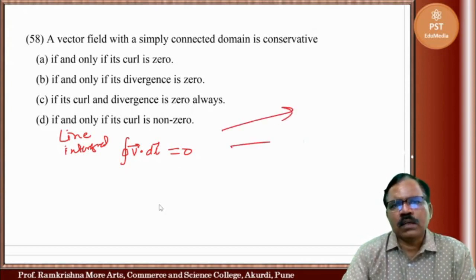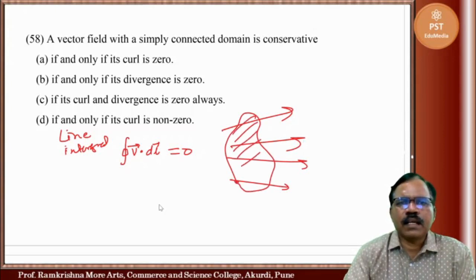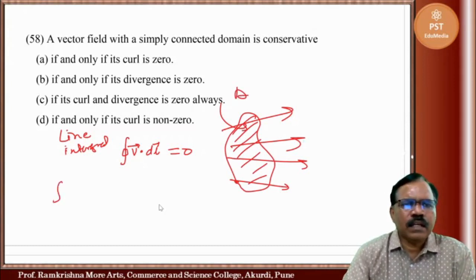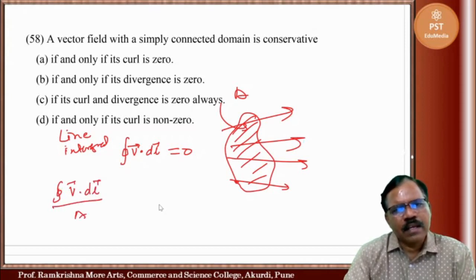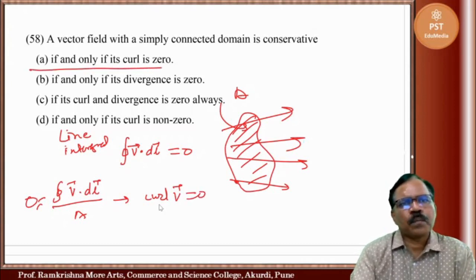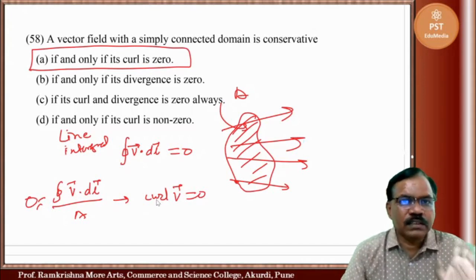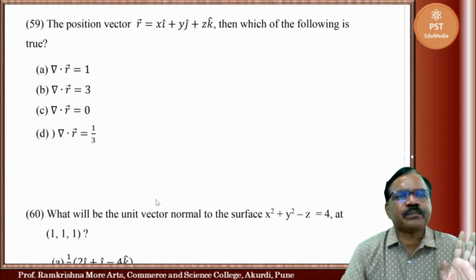So suppose here we have a vector field and we take some closed path, and suppose A is the area of that path, then the integration of v dot dl upon area gives you curl of v. And for a conservative field, the line integral is 0, so curl is 0. Now divergence may or may not be 0, but curl is 0 for a conservative vector field.